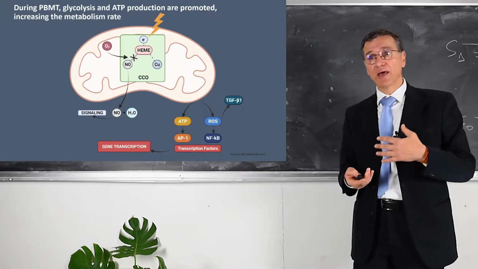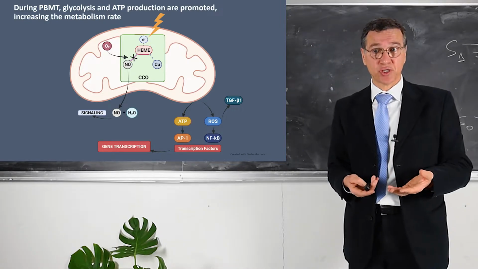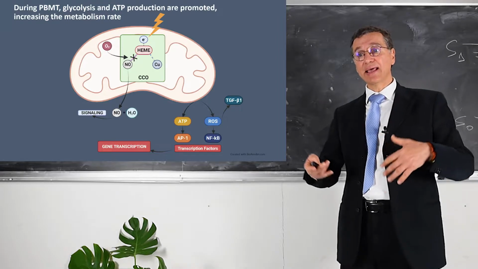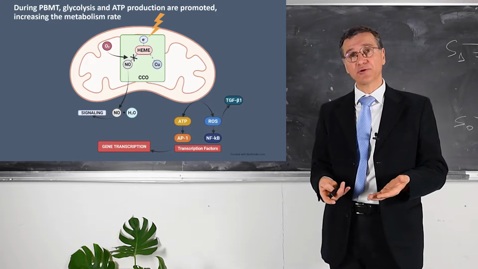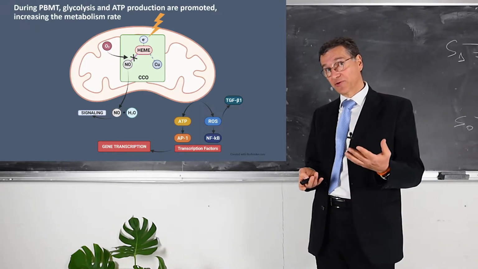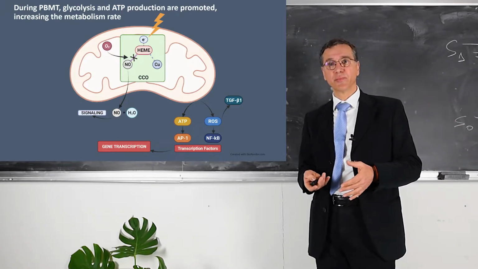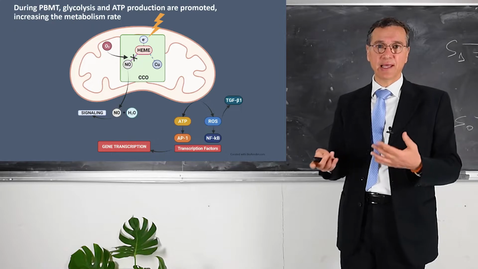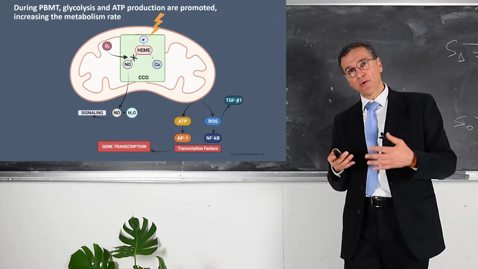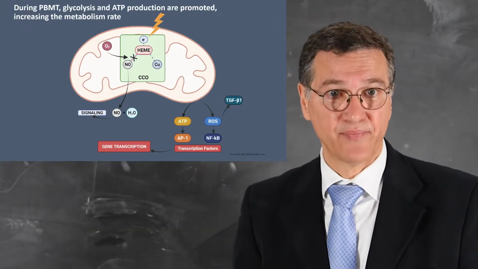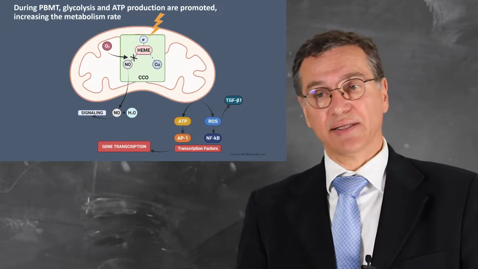In parallel, we have also an influence on ATP and ROS production because of this photochemical effect. And again, the ATP and the ROS are going to change the transcription factors, which is going to change completely the gene transcription. So we may conclude in a little bit provocative way that the light is somehow resetting, reprogramming the metabolism, the cell signaling of cells.